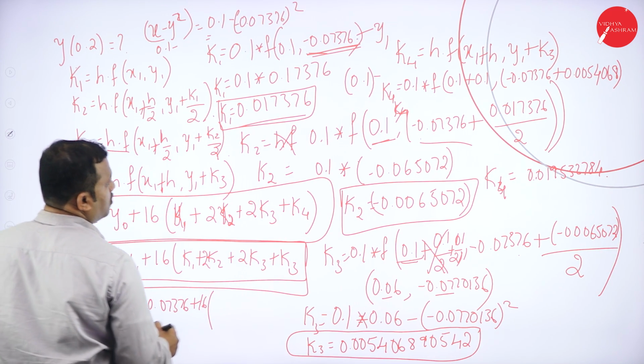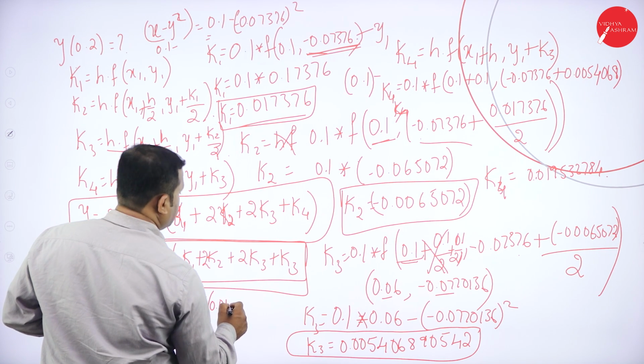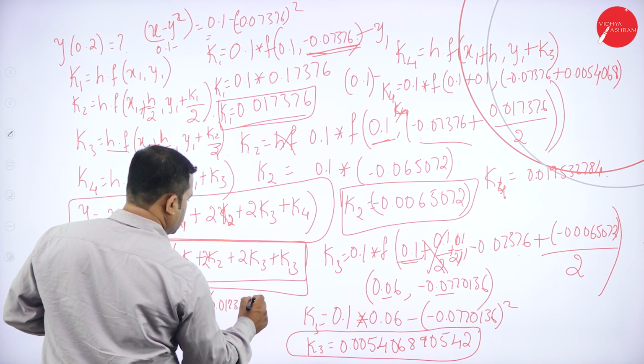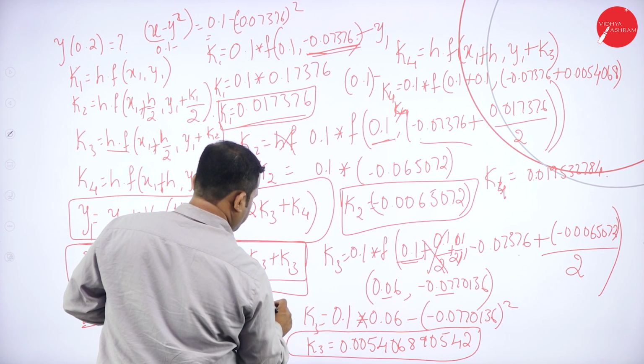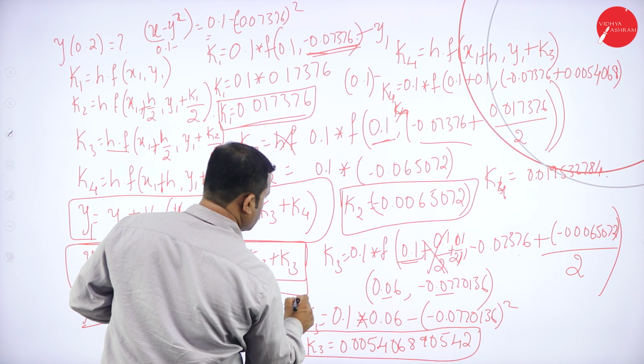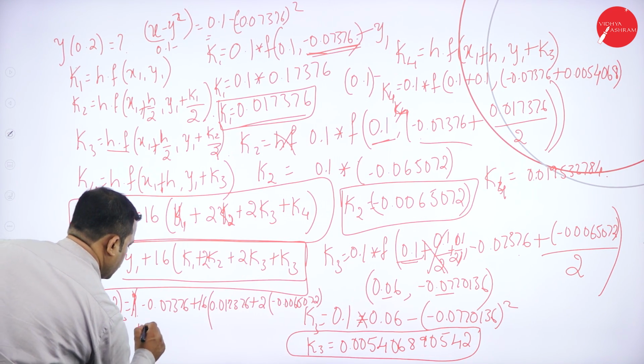That is this 0.017376 plus 2 times K2, that is this term, minus 0.0065072 plus 2 times K3.